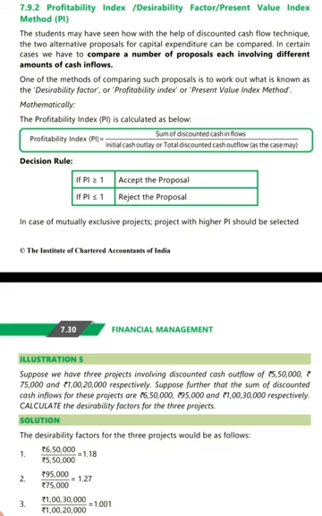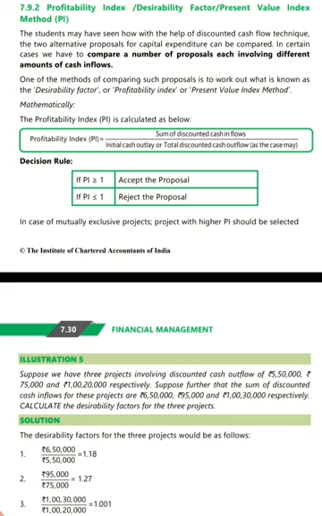So what is this present value index method, or this profitability index method, and why do we require that? Let's try to understand. You might have seen how, with the help of the discounted cash flow technique, two alternative proposals for capital expenditure can be compared.